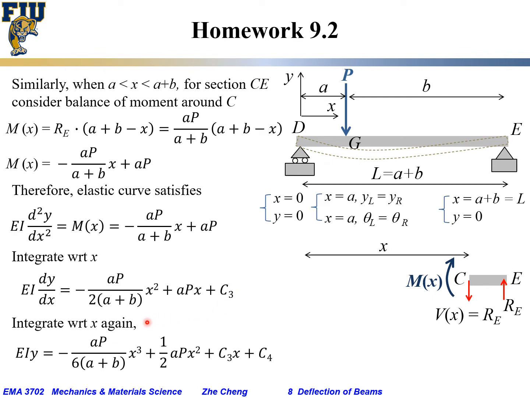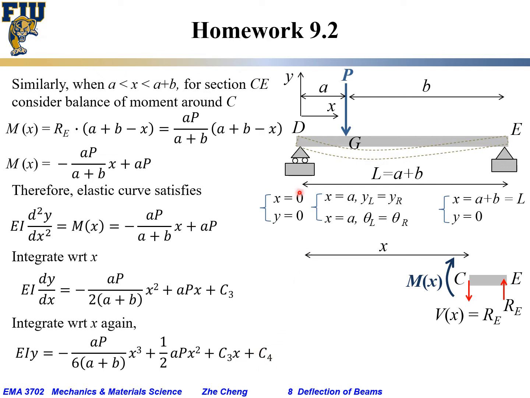And if we integrate the slope equation one more time, we would get local deflection when we consider the part from G to E. And then integrating again, we would have AP, AB in the denominator 2 now becomes 6, x squared becomes x cubed, APx becomes half of APx squared, C3 becomes C3x, and don't forget additional integration constant C4.